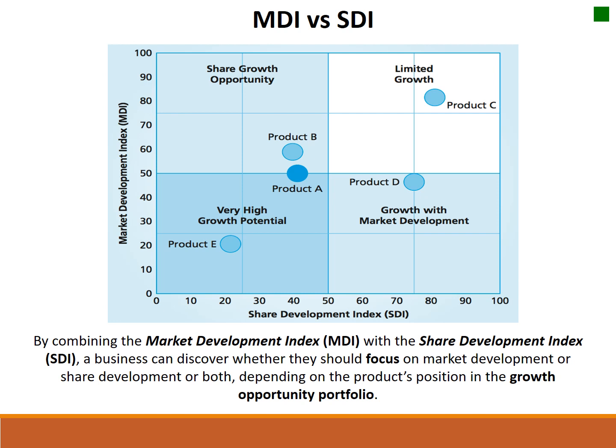Remember, market development focuses on the industry-level approach, the degree to which the market is saturated from an industry perspective. The share development focus really talks about how we are performing as a firm within the industry. So you have two different axes here that pull these two things together.